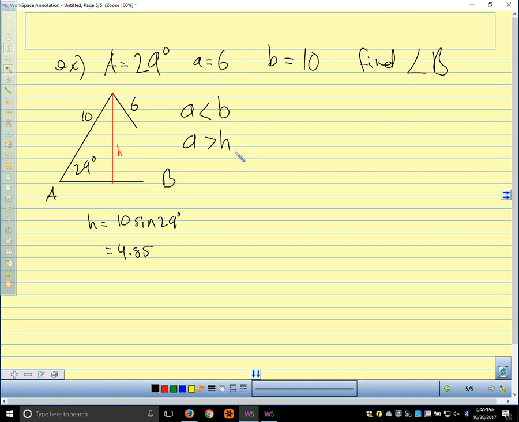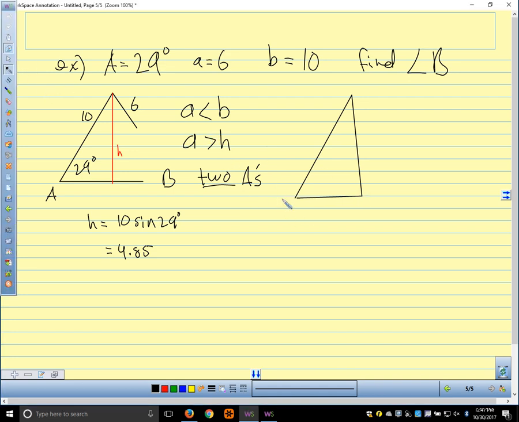This is almost 5, and this is 6. That tells us we get 2 triangles, so we have 2 possible angle B's. One of our triangles looks like this. 6 is barely larger than the height, so it looks something like that. A, B, that's 6, that's 10. And the other triangle is going to look like this.